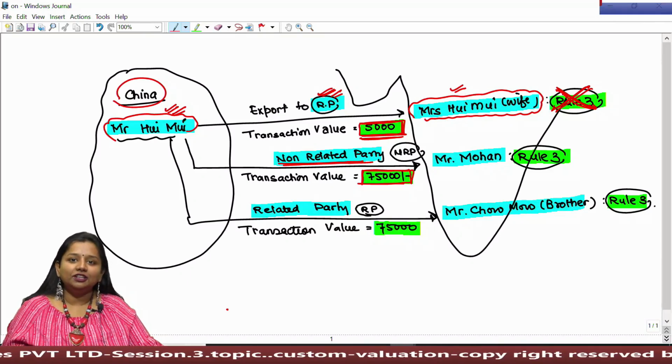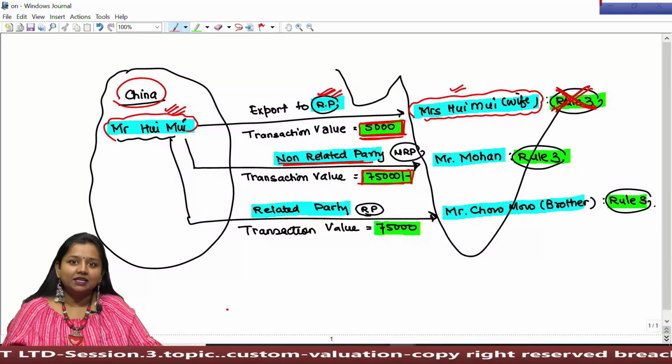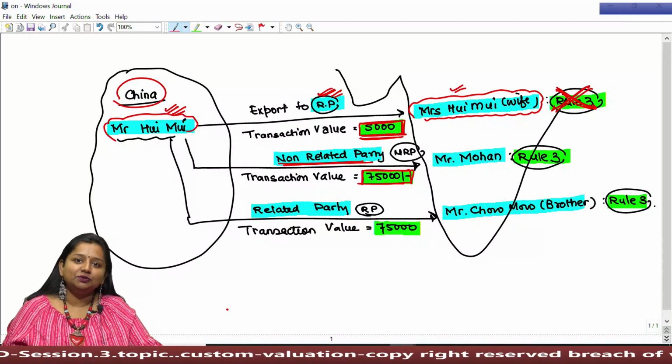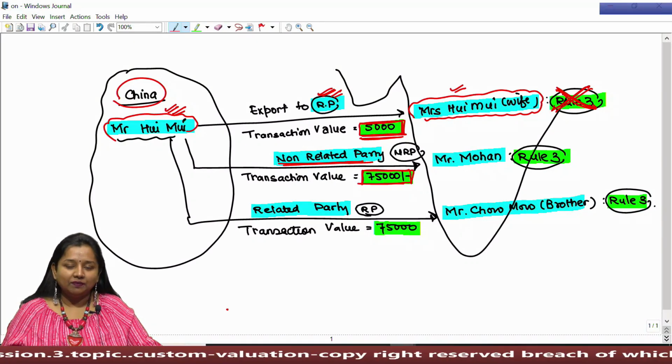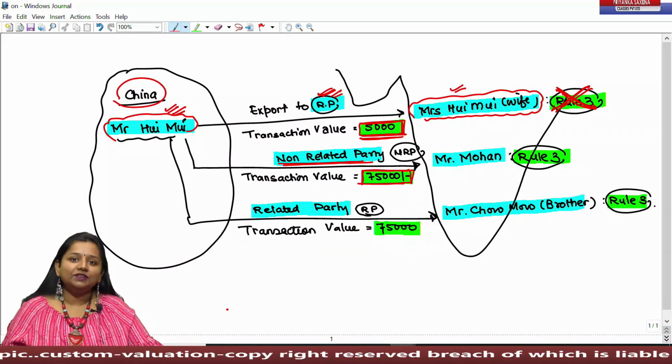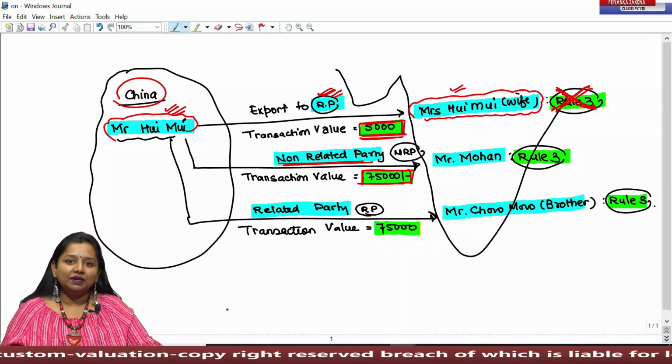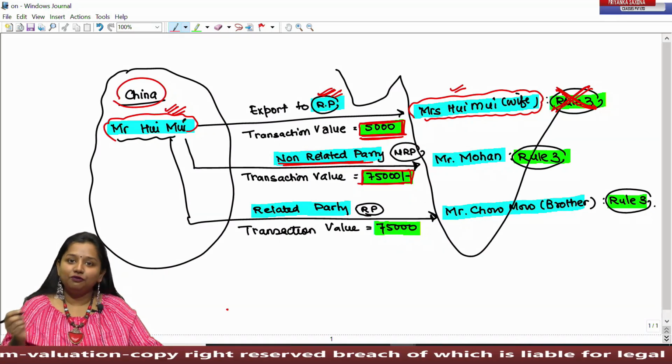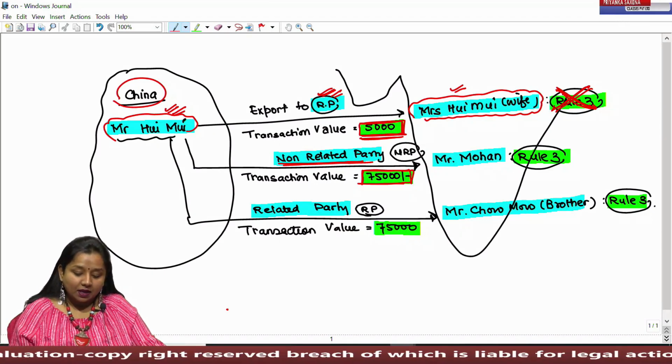Because the third condition under Rule 3.2 says that there must not be any relation between exporter and importer. And if Rule 3 cannot be applied, then by proceeding sequentially, valuation shall be done under Rule 4, 5, 6 and so on.